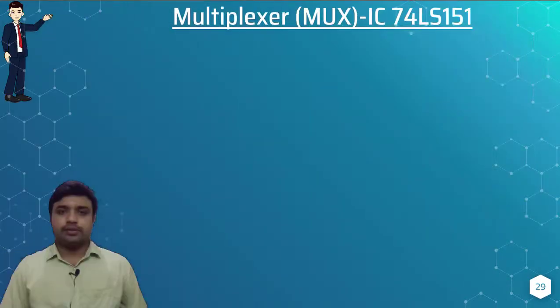Okay. Welcome back. Today we are going to discuss the multiplexer. The IC number for the multiplexer is IC 74LS151. So let's see the working condition for a multiplexer.